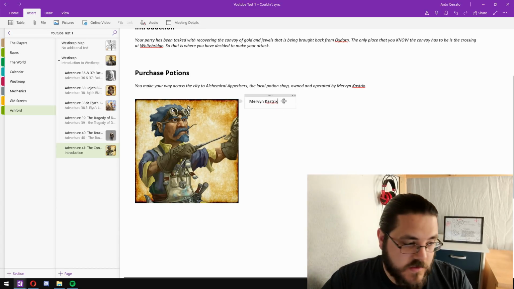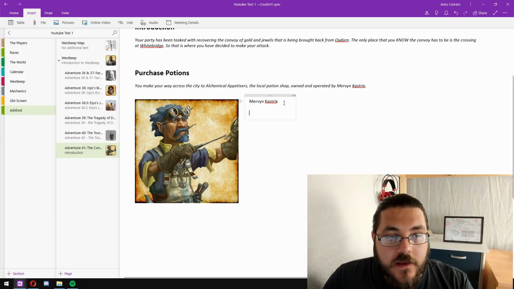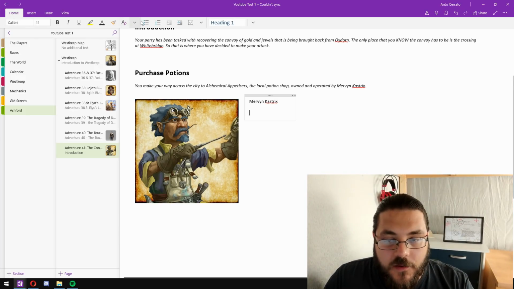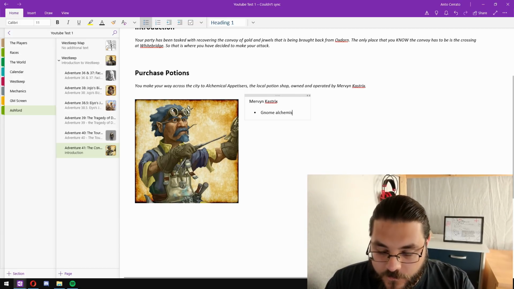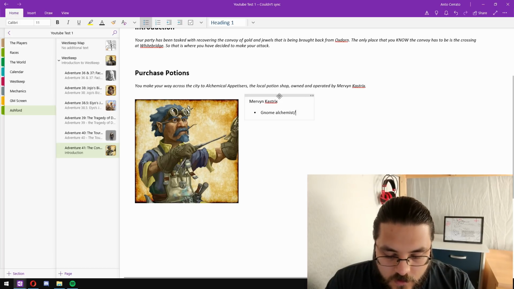So, Mervyn Castrix, I know that he is, let's put it as a bullet point, he is a gnome alchemist, but he's also a part-time tinkerer. He is friendly to the party.